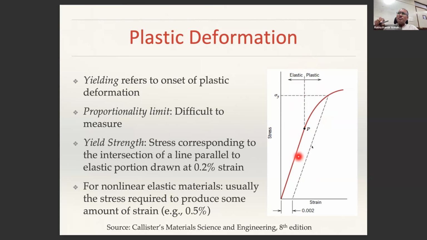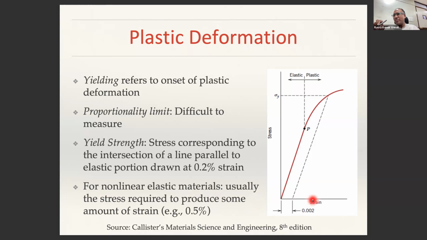But that is fine as long as the material is linear elastic, because I can draw an offset line parallel to this. What happens if the material is non-linear elastic? That means there is not a single straight line. The curve to begin with is non-linear. Then I cannot draw a 0.2% offset, right? Then the prescription is, if the material is non-linearly elastic, you look at 0.5% strain.